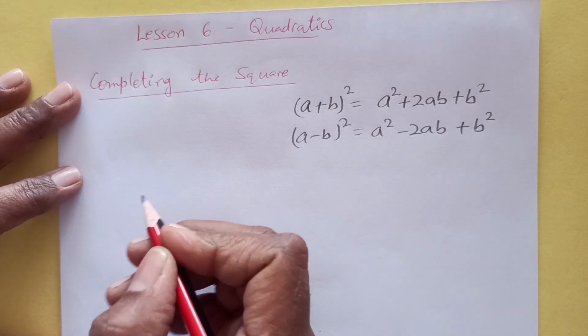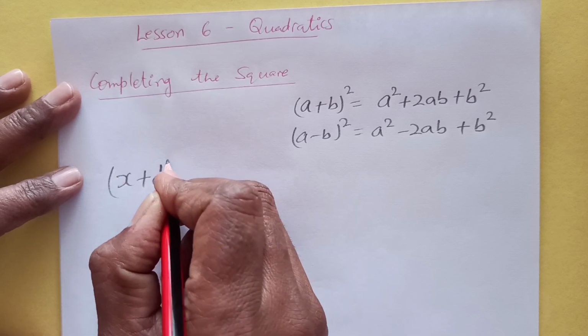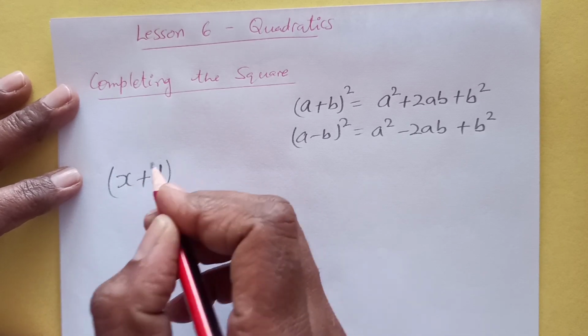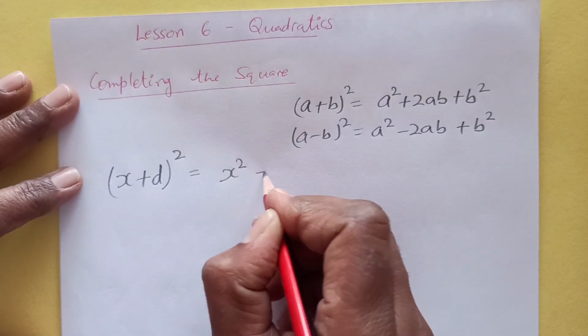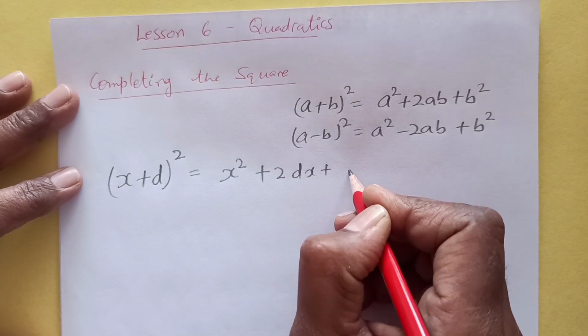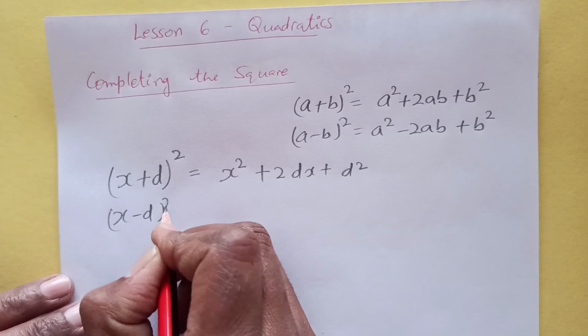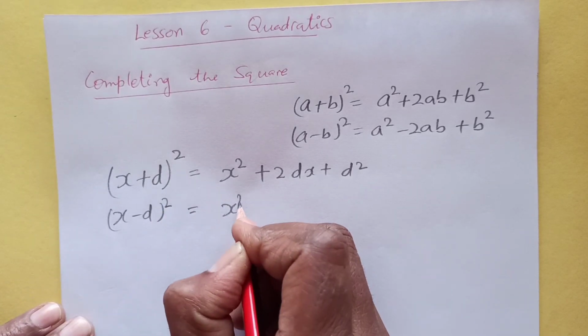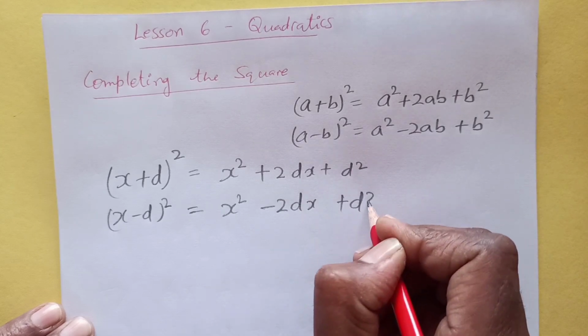Now the same thing, if I write it with the names x and d, (x plus d) squared can be written as x squared plus 2dx plus d squared, and (x minus d) squared is going to be x squared minus 2dx plus d squared, right?